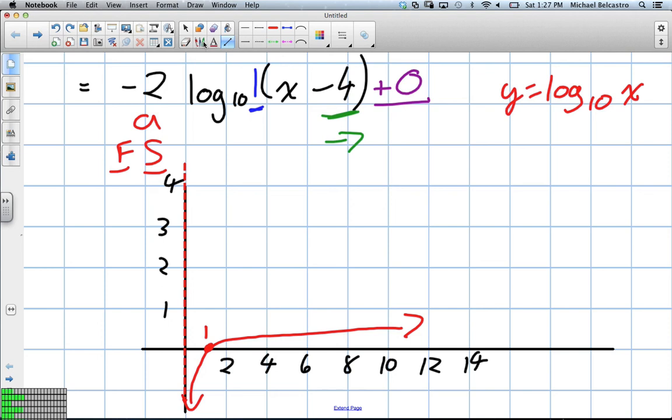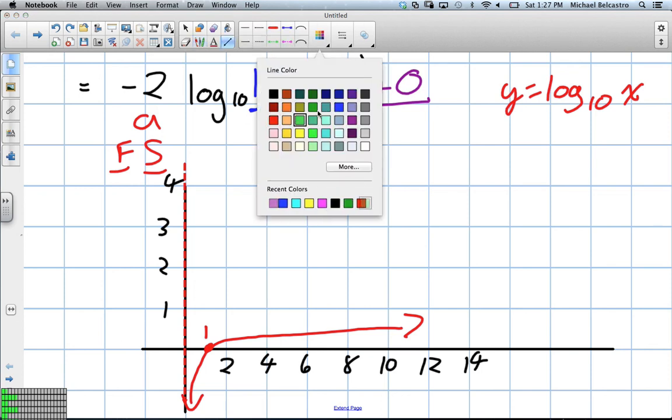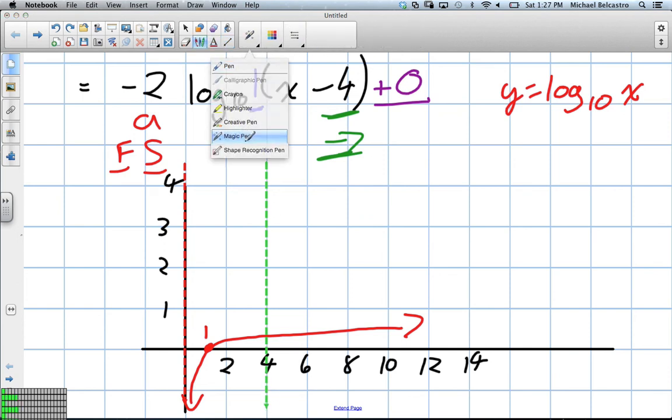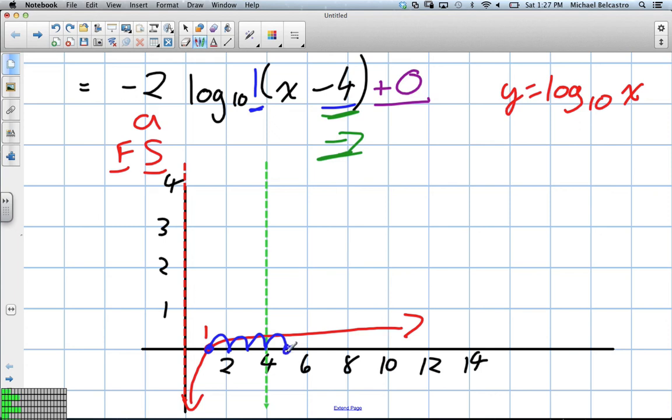Now, because this is 4 and it's moving us to the right, our new vertical asymptote, we'll do it in green just to relate it, is going to be at 4. Also, what that means is this 1 is going to move over 4 units, so it goes over 1, 2, 3, 4 units. Where are we now?